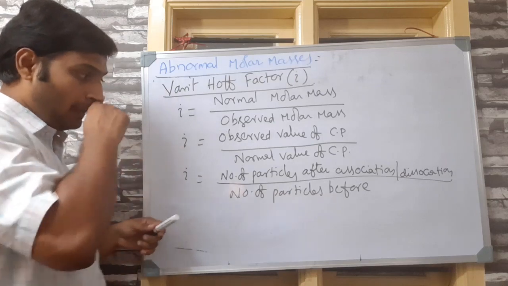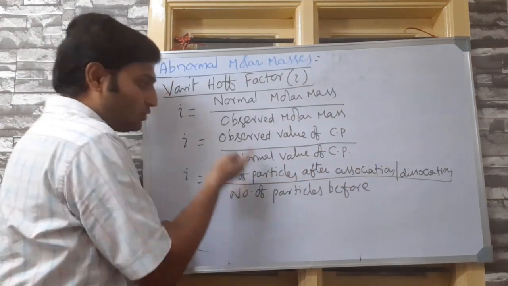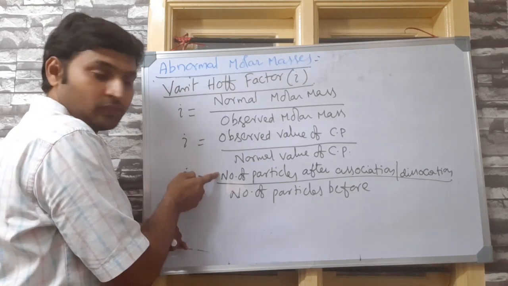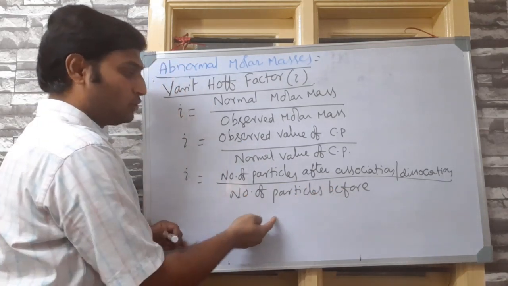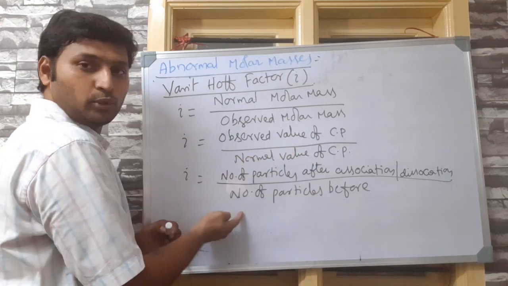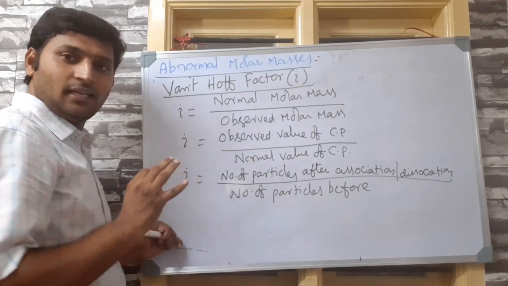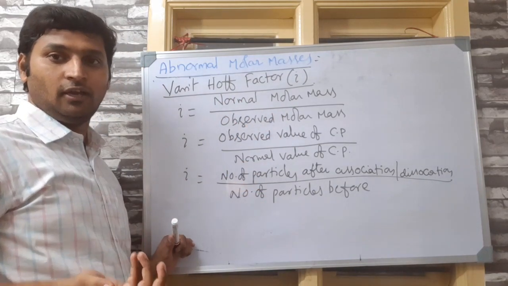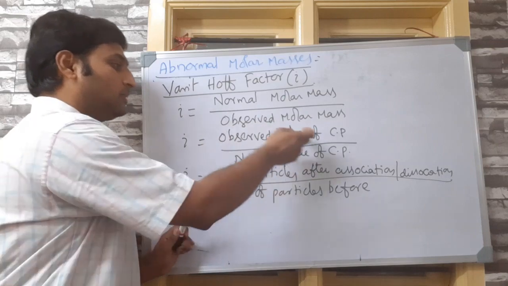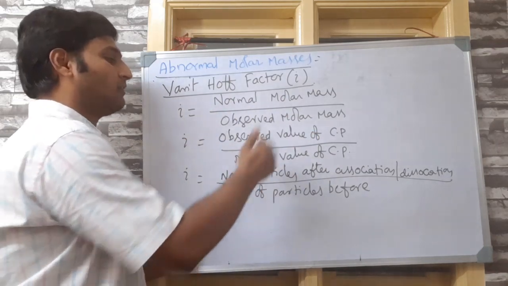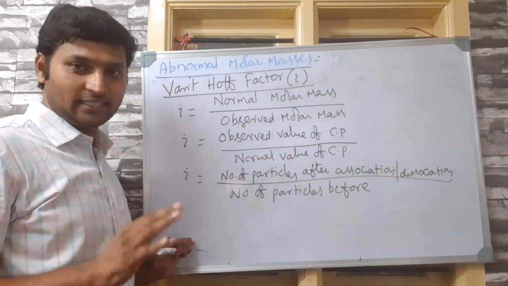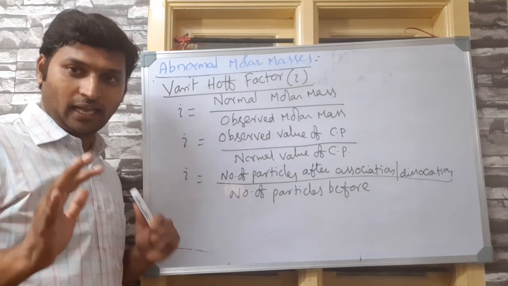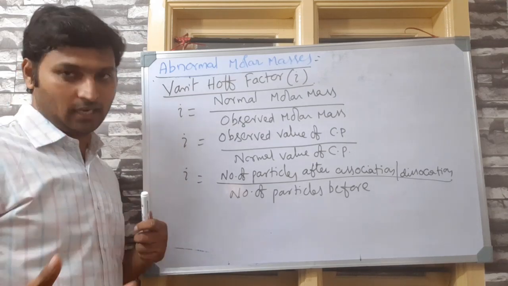Please understand, when there is association or dissociation, the value of colligative property will be abnormal, that is observed, directly proportional. Whereas when there is no association or dissociation, the value will be normal, directly proportional. That's why the same ratio can be expressed in three different perspectives: from the perspective of molar masses, from the perspective of colligative property values, or from the perspective of number of particles. Is that clear?